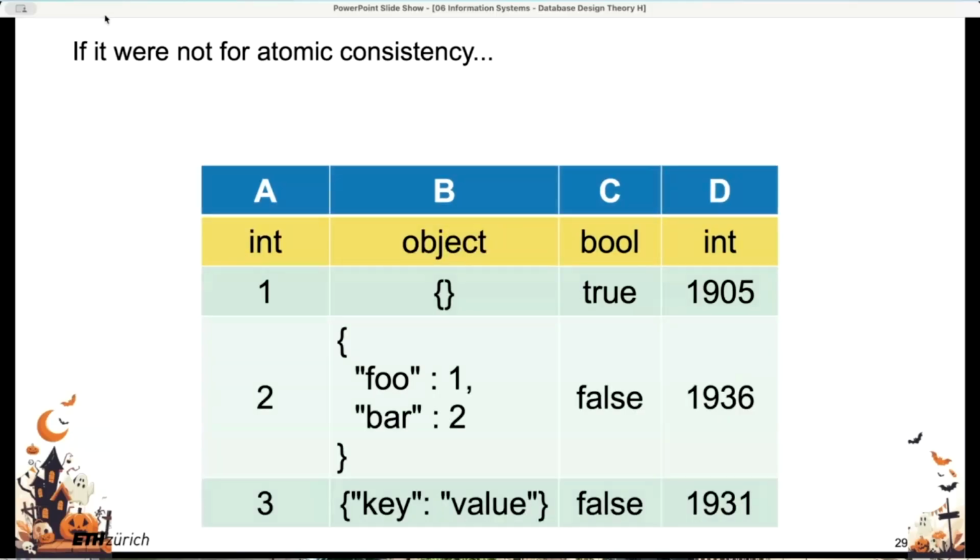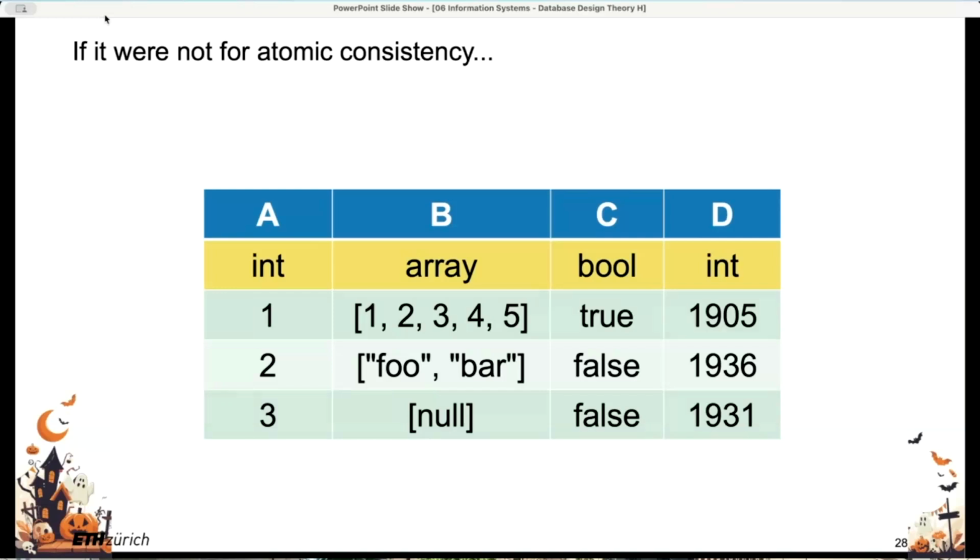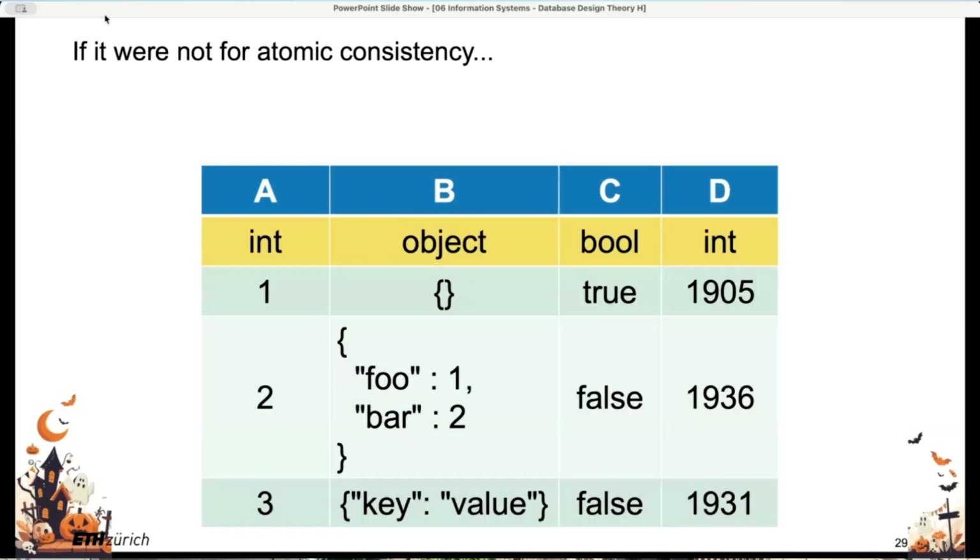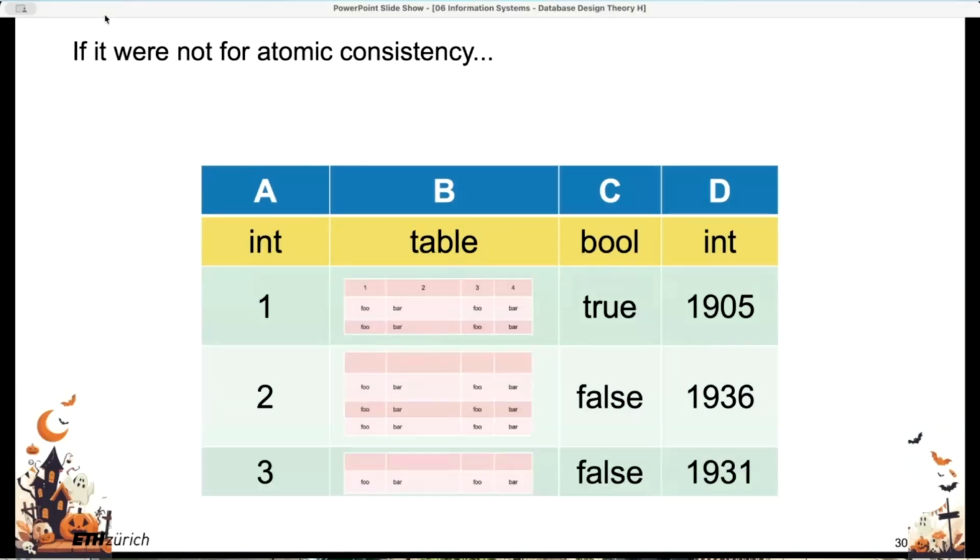That's another example where I didn't use arrays here. I use objects. For whoever knows JSON, these are lists, and these would be maps, nested maps, where we have complex types that are also not atomic, right? And even more specifically, tables in tables in tables in tables in tables.